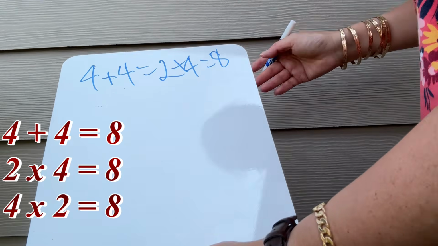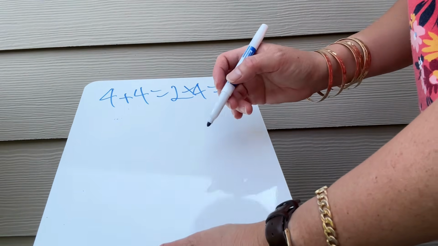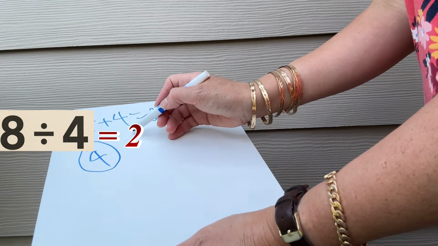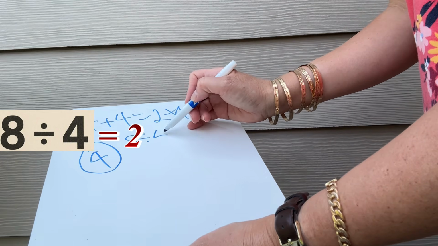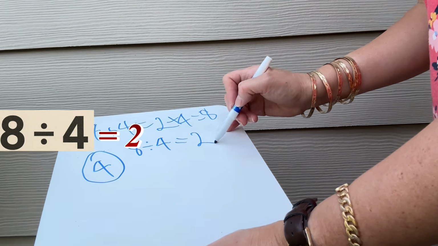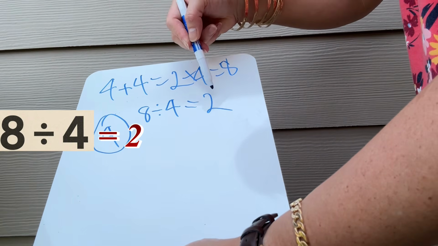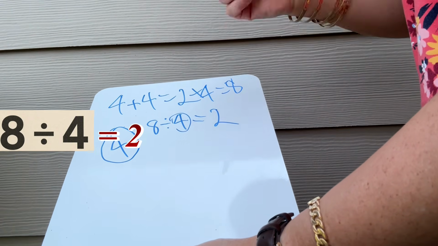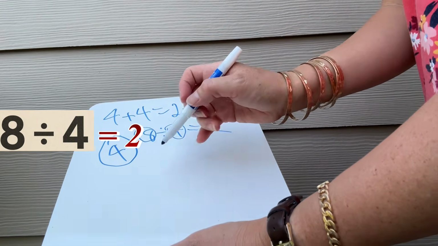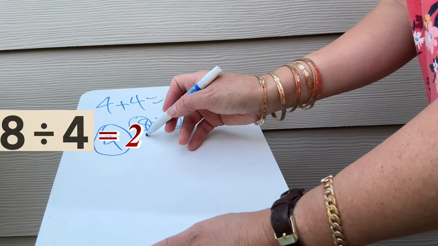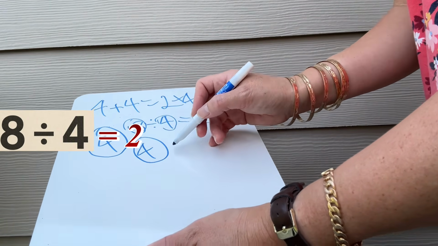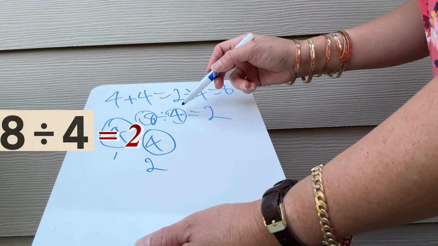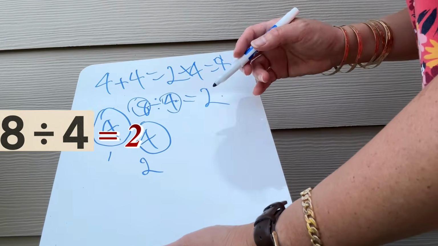If you have 8 gums and you want to divide them into groups of 4, that's the same as 8 divided by 4, and it should be 2, because you know that 2 times 4, which is adding 4 2 times, is equal to 8. So you know that if you have 8, you can split it into 2 groups of 4. See that? 1 group of 4, 2 groups of 4. So 8 divided by 4 equals 2.